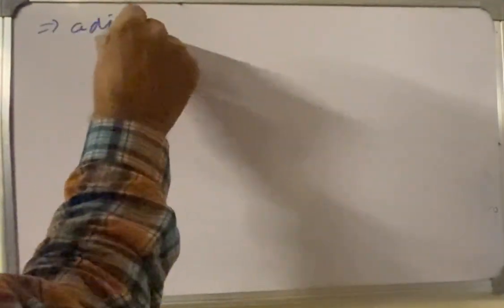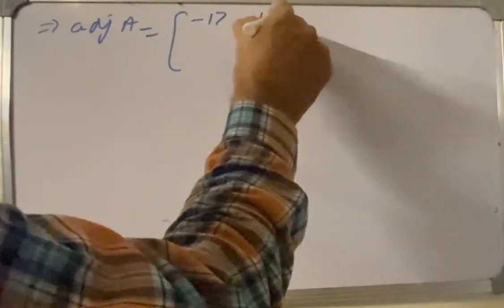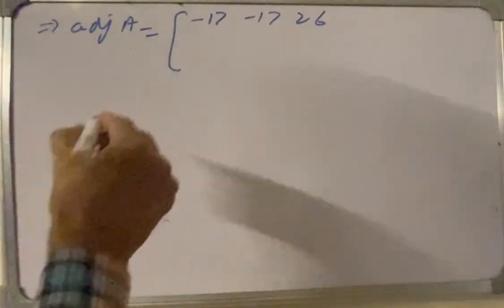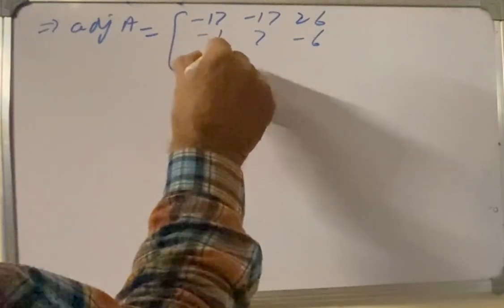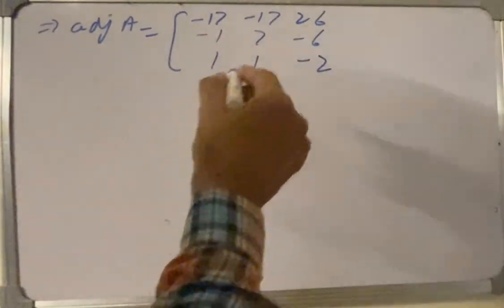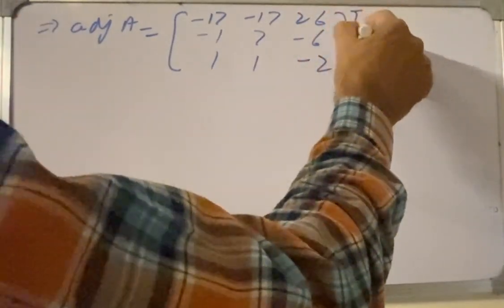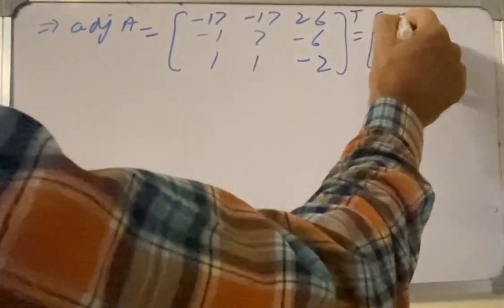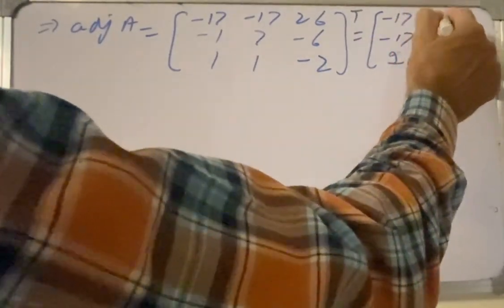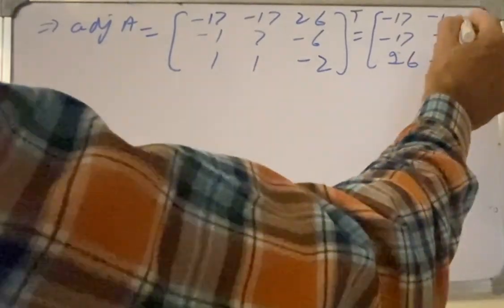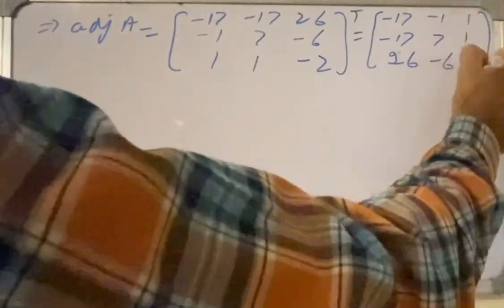Therefore, the adjoint of A is the transpose of the matrix of cofactors: minus 17, minus 17, 26; minus 1, 7, minus 6; 1, 1, minus 2, whole transpose. So the first row will become the first column: minus 17, minus 17, 26. Then minus 1, 7, minus 6 is the second column, and 1, 1, minus 2 is the third column.